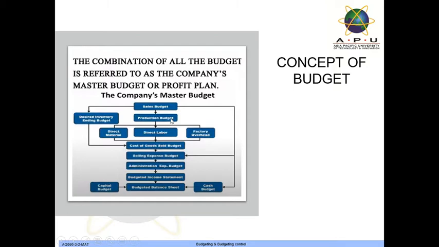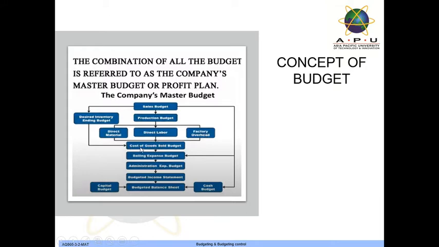From the production budget, we can identify the total units that we have to produce based on the sales forecast. Then we have direct material, how much material we have to buy based on the production units we already forecast, how much direct labor we have to spend for the year, and the factory overhead.